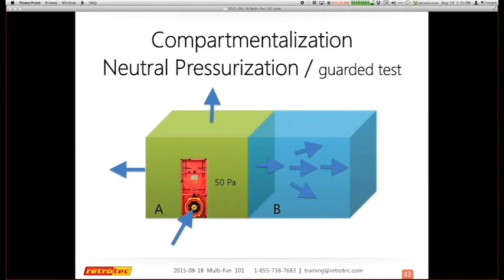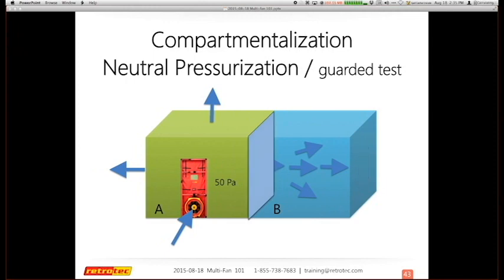You can do this in depressurization as long as both fans are moving the same direction. I'm going to pressurize because I think the example is a lot clearer. So I have air that moves from unit A to unit B. This is my leakage to unit B. I must open or release some pressure in unit B in order to get readings or allow the air to continue to flow.